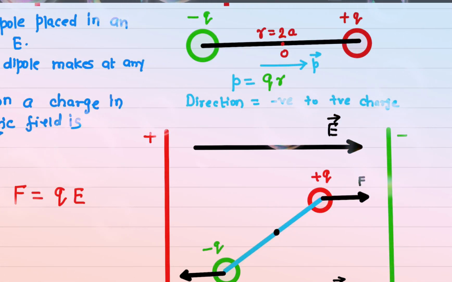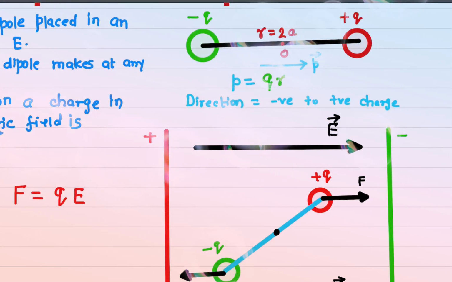Now you might be wondering, why is the direction of the dipole from negative to positive charge? Why not from positive to negative charge? Well, this is just a sign convention.